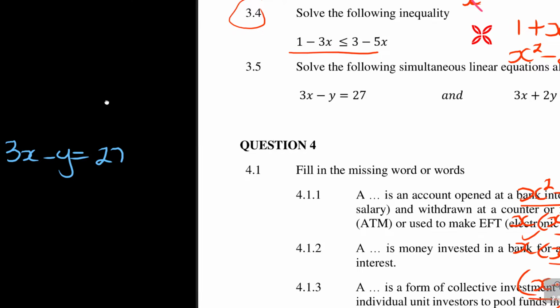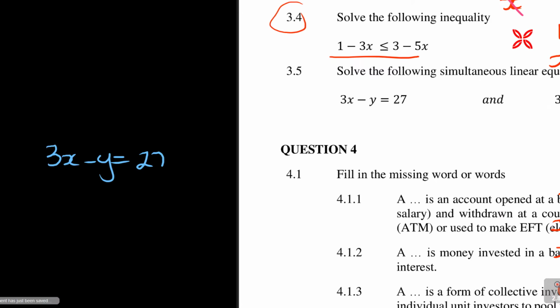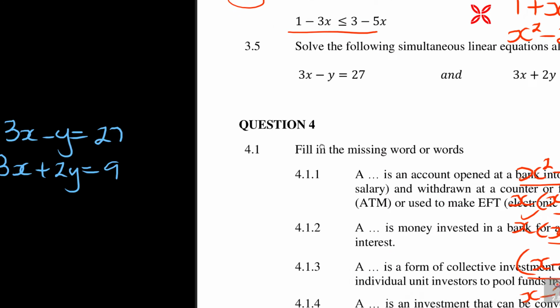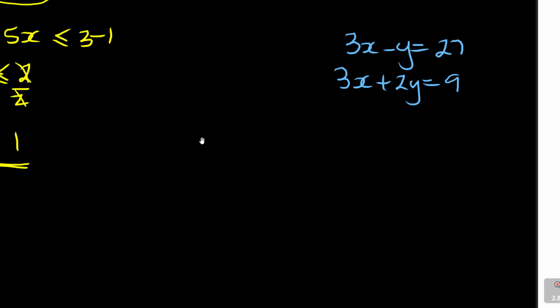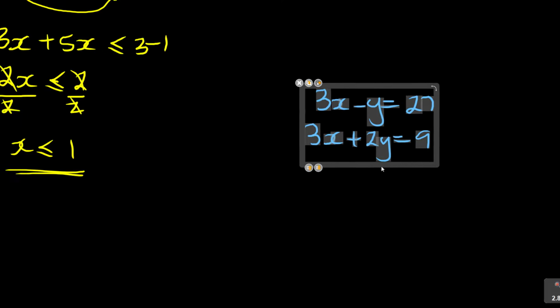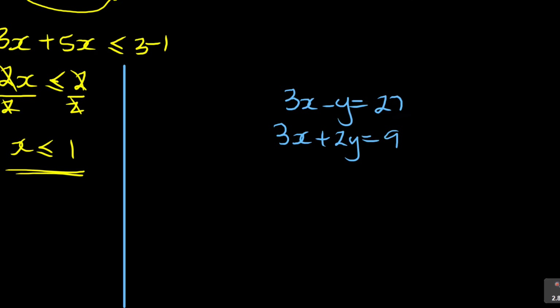That's the first one. The second one is 3x plus 2y is equal to 9. Now look at this. 3x minus y is equal to 27. 3x plus 2y is equal to 9. So now this is a simultaneous equation that needs to be solved.